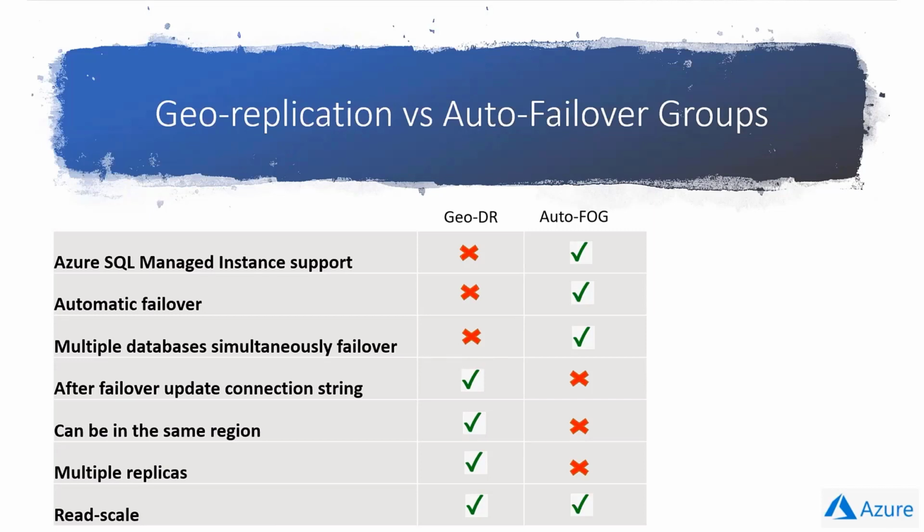And when you select the automatic failover, you have to select a grace period of time, meaning that, for example, if a database is down for a certain time, the grace period is, for example, 1 hour. That means that after that hour, you're requiring from us to do the failover.